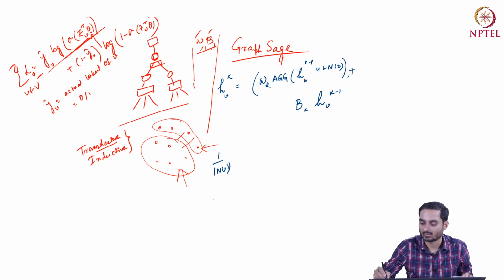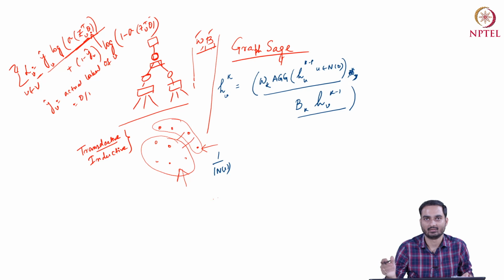Let us not sum them up. Unlike in GCN, where we just took the sum, here we keep them separate, because when we sum them, the information about the individual components will be gone. We wanted to keep them separate, therefore we concatenate them instead of taking the sum. This part and this part will be concatenated, appended, then passed to sigmoid.